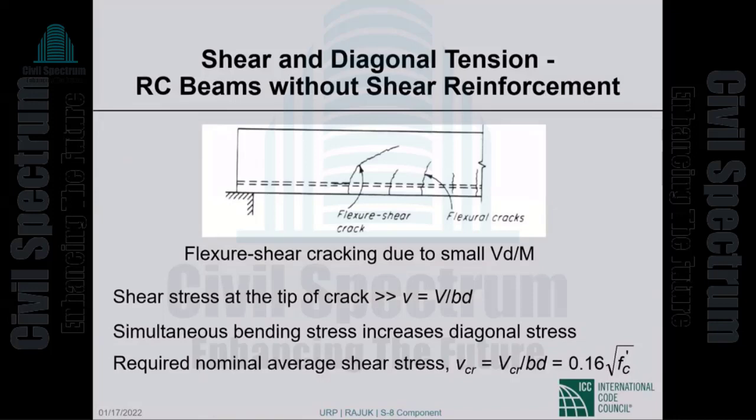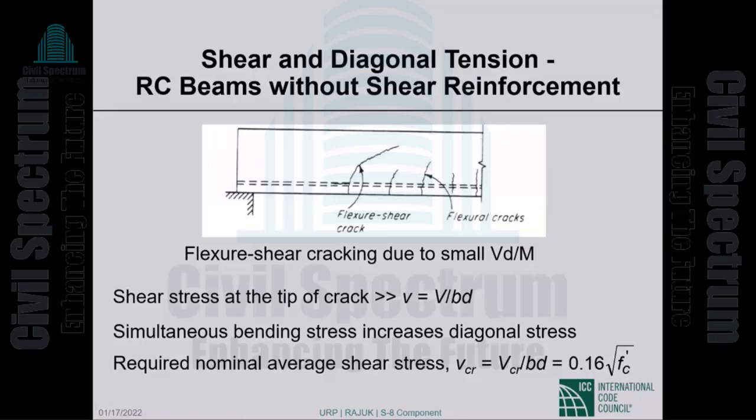We saw that from the principal stress trajectories. So the flexural cracks are vertical or near vertical, and as we go towards the supports they get inclined. Here they're vertical; near the supports, they're more inclined.